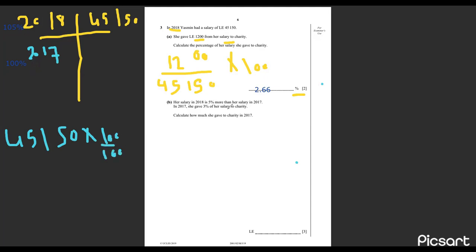And all this is dividing by 105, changing directly to decimal, which is 1.05. Quickly calculate this.